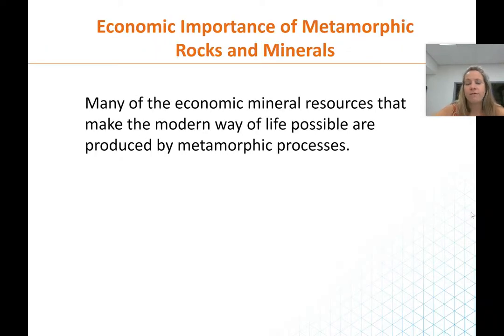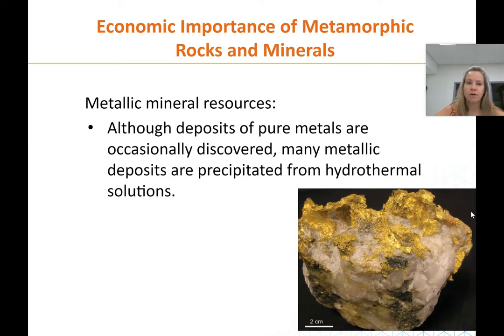All right, and then we do have economic benefits to metamorphic rocks. We use some as ores. Remember, an ore is something that we can mine for a profit. There is some value in metamorphic rocks, just like there's value in igneous and sedimentary as well. Here's an example of a mineral source from hydrothermal vents, and this would be gold. Gold is a mineral found here on this rock, on quartz.